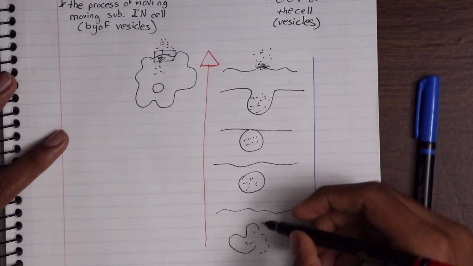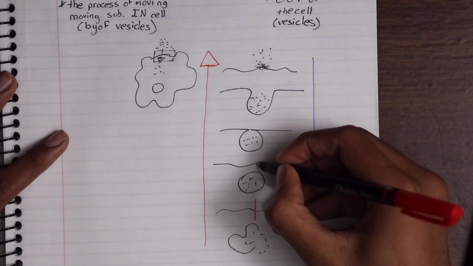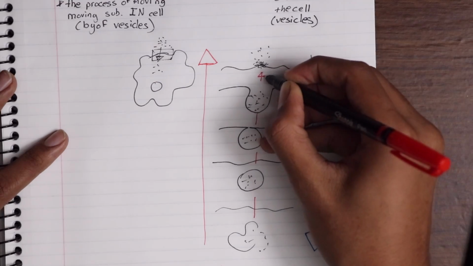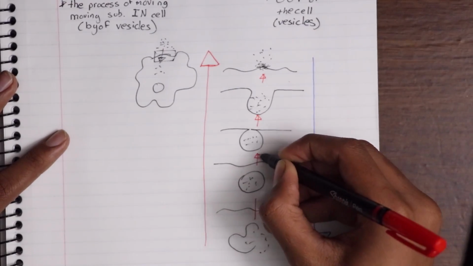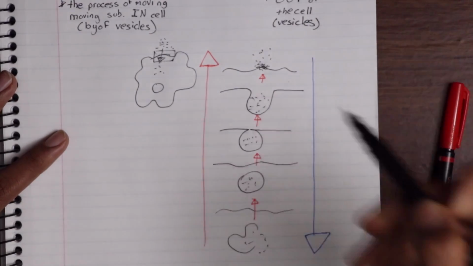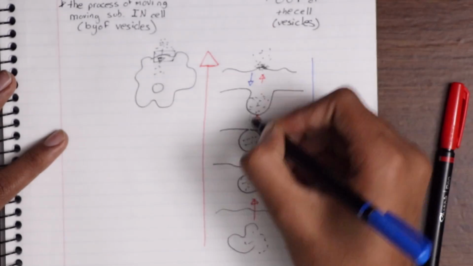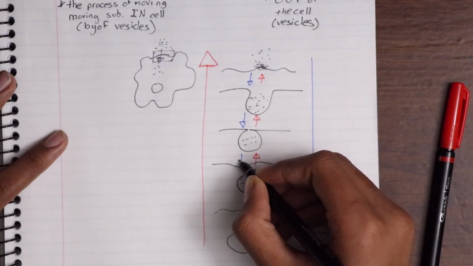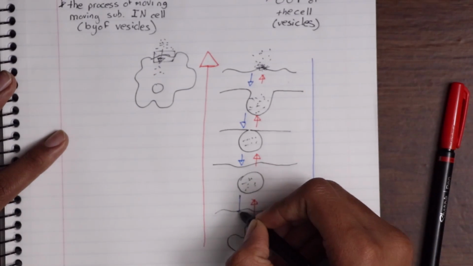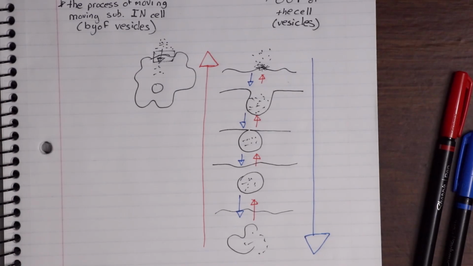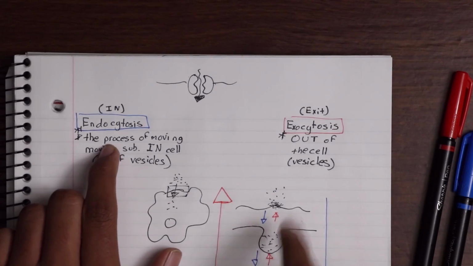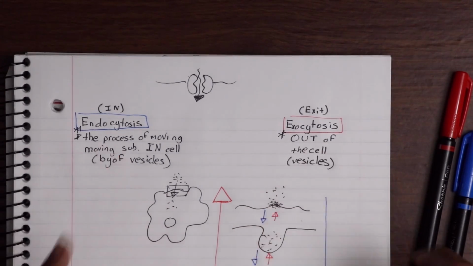Here to here to here to here to here. Endocytosis from here to here to here to here. And that's basically the process of endocytosis and exocytosis.